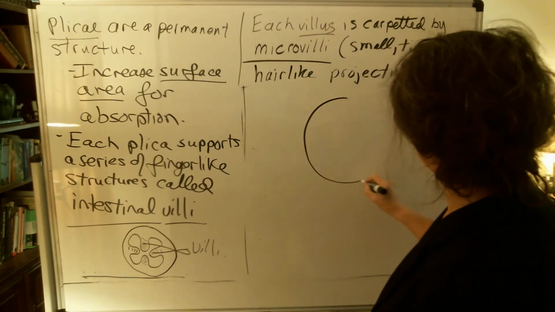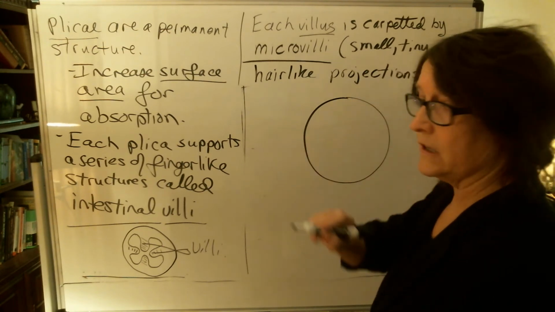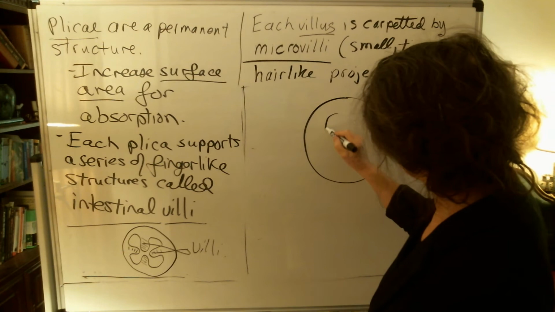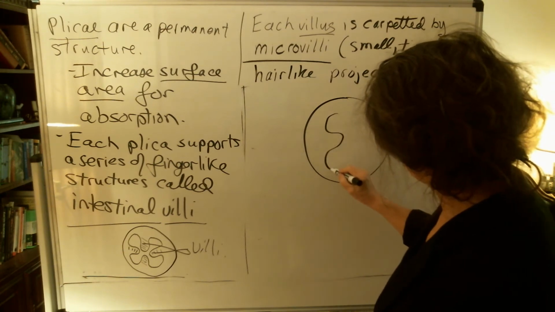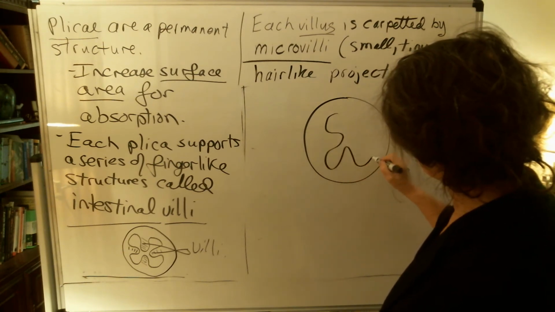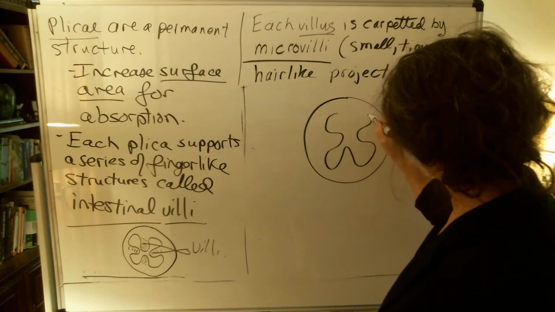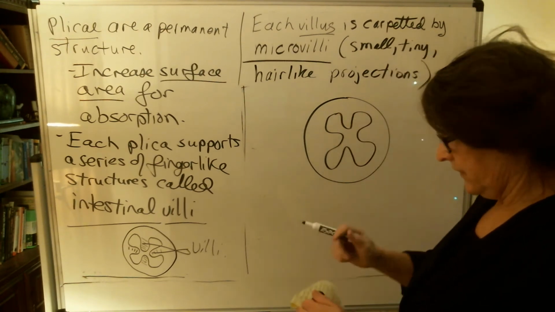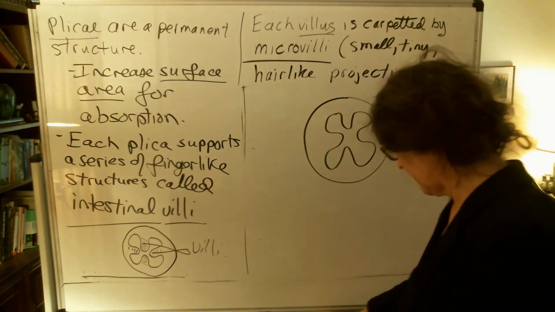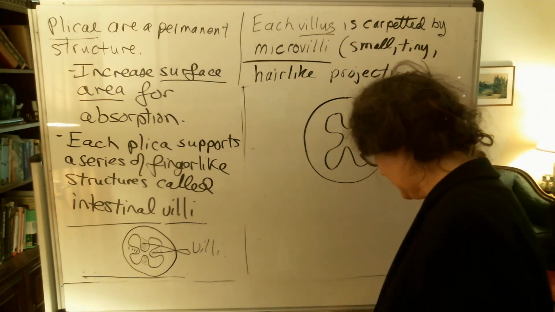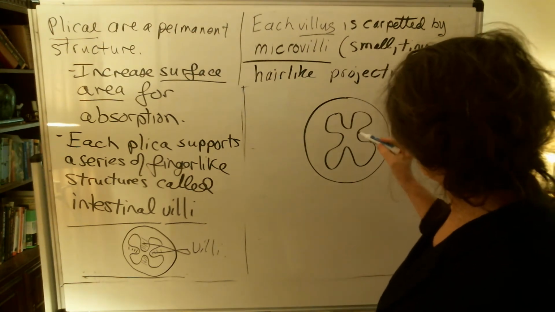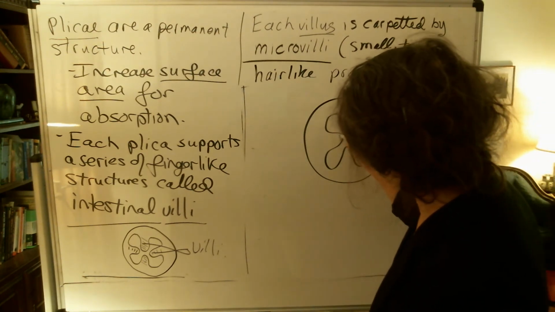So here we have a cross section through your small intestine. Let's draw in the villi now. So there are the villi, and I'm going to make the villi in blue just so you can see them a little better.